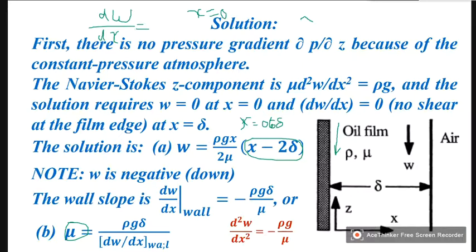So that will give you the value of dW by dx at x is equal to wall. So you will get this expression. This is wall, WA.